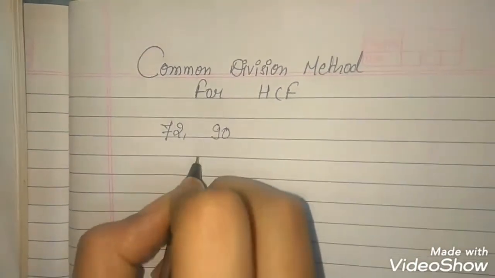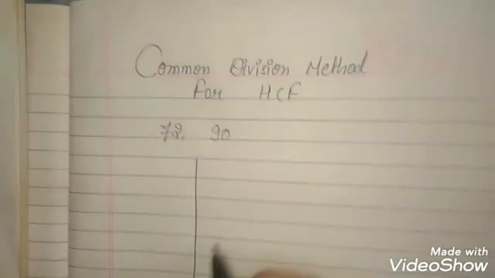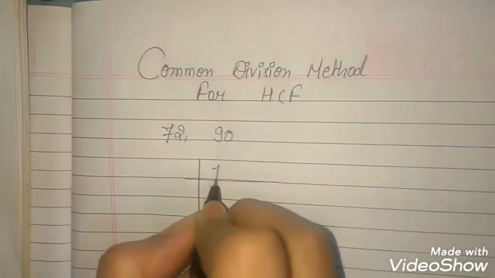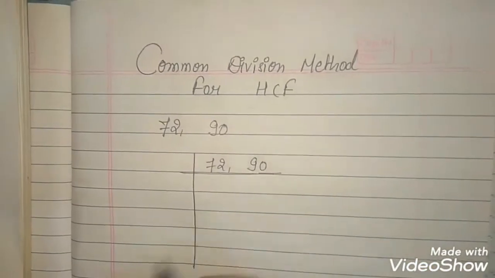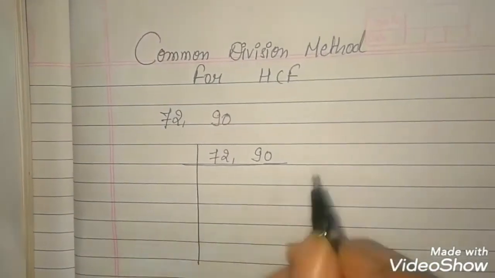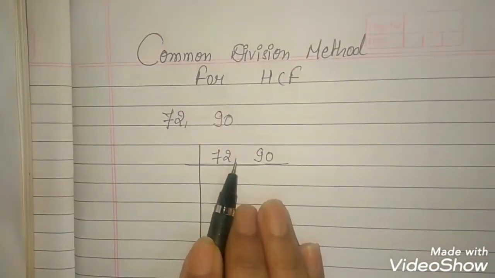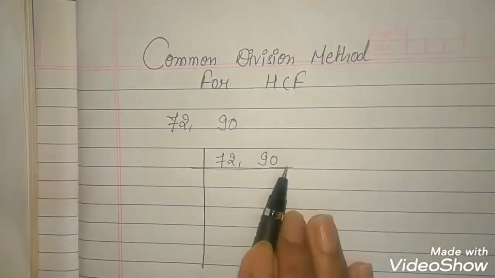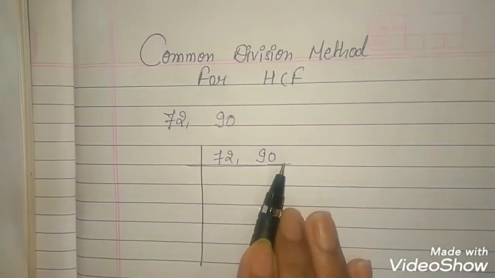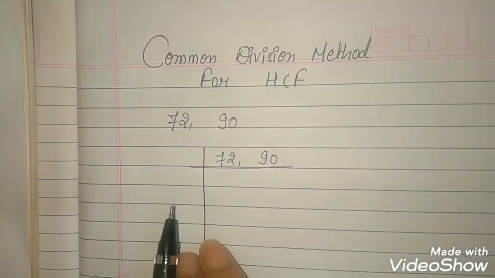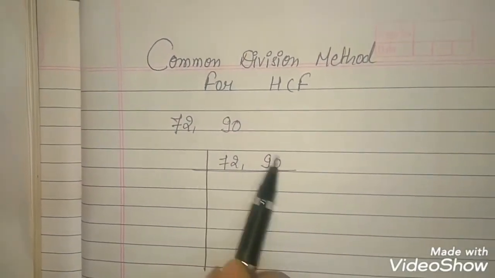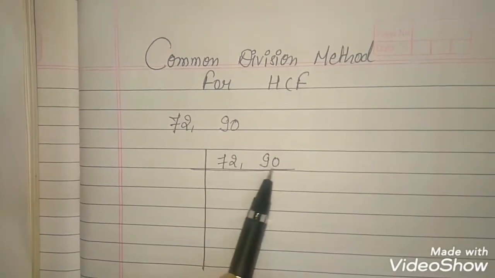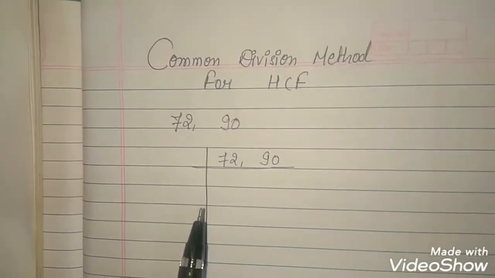Okay, then I will write 72 and 90 in one row separating by the comma. हम इसको एक ही रो में लिखेंगे. प्राइम फैक्टराइजेशन मेथड में हम उसको अलग अलग रो में लिखते थे, but in the common division method I will write these numbers in only one row.